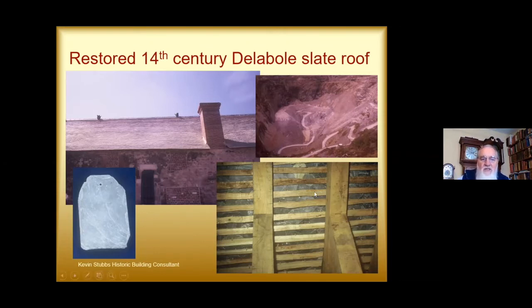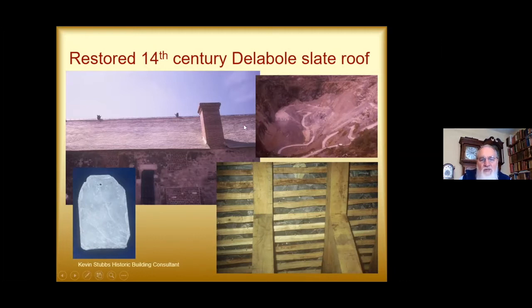And on this frame, you can see the roof of 59A French Street in Southampton, where English Heritage, as it was, restored the roof and the building and opened it to the public as a small museum.